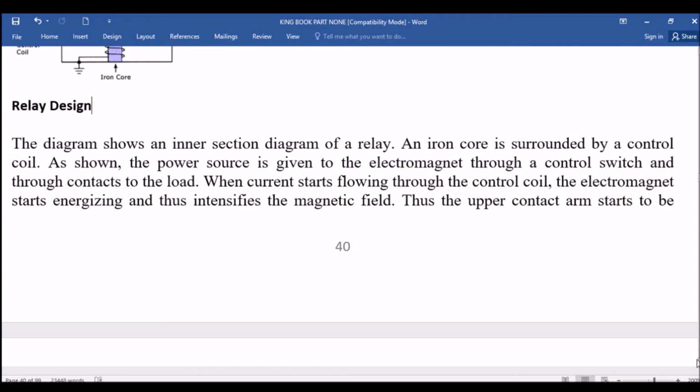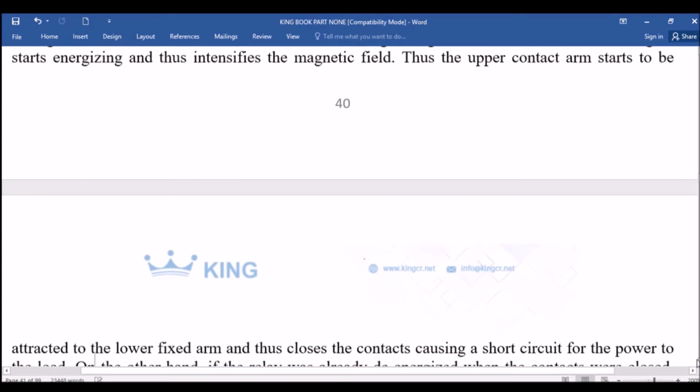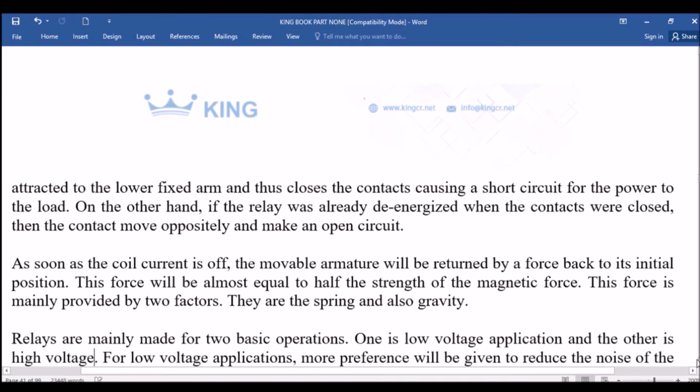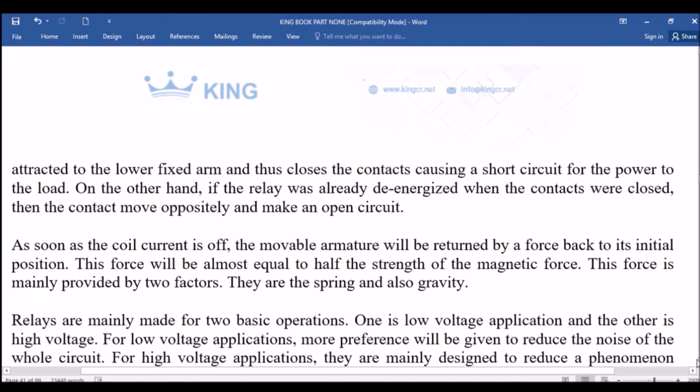When current starts flowing through the control coil, the electromagnet starts energizing and thus intensifies the magnetic field. Thus, the upper contact arm starts to be attracted to the lower fixed arm, and thus closes the contact, causing a short circuit from power to load.